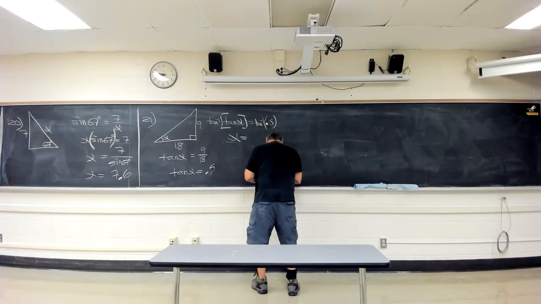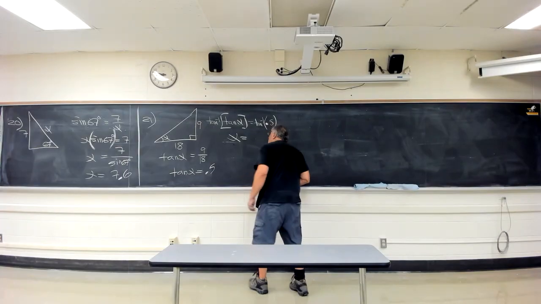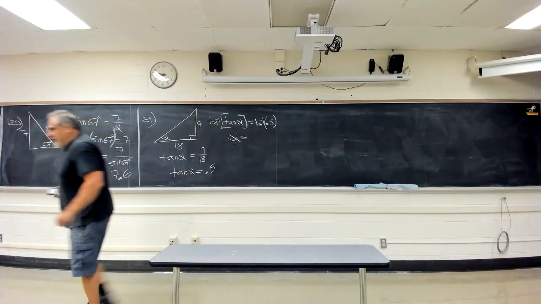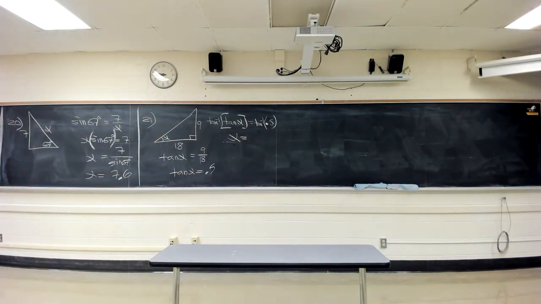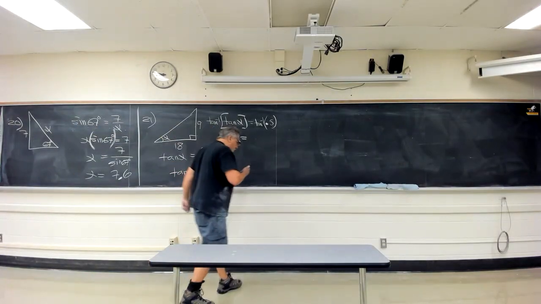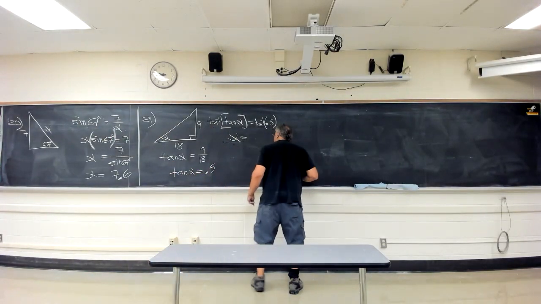So what you have here is 26.56505. What do they want it rounded to? I think it was just the nearest tenth. Round your answer to the nearest tenth of a degree. 26.565 is 26.6.